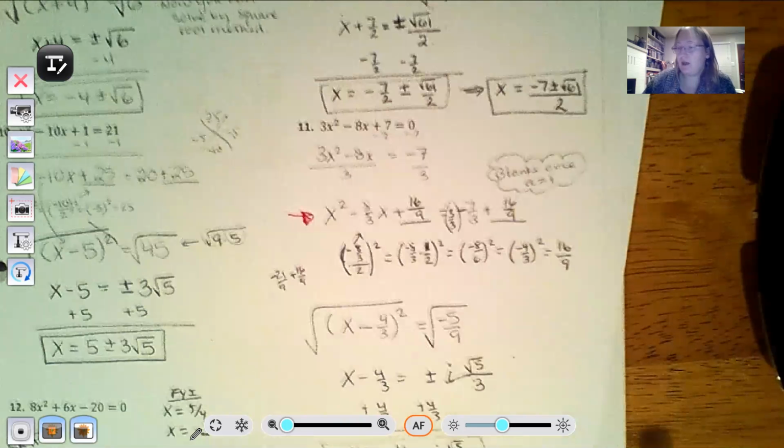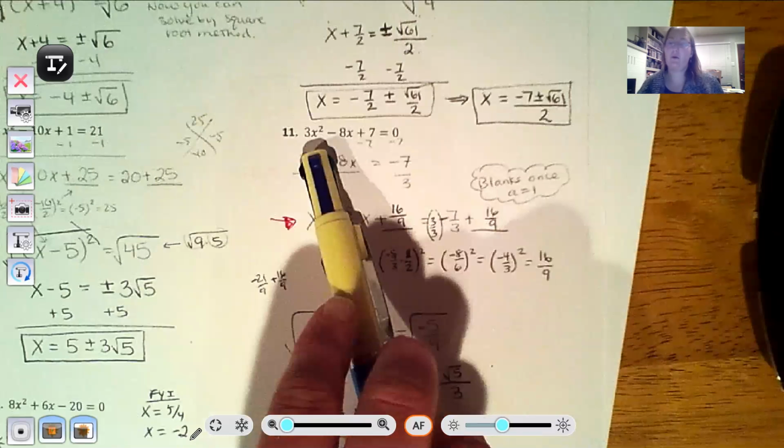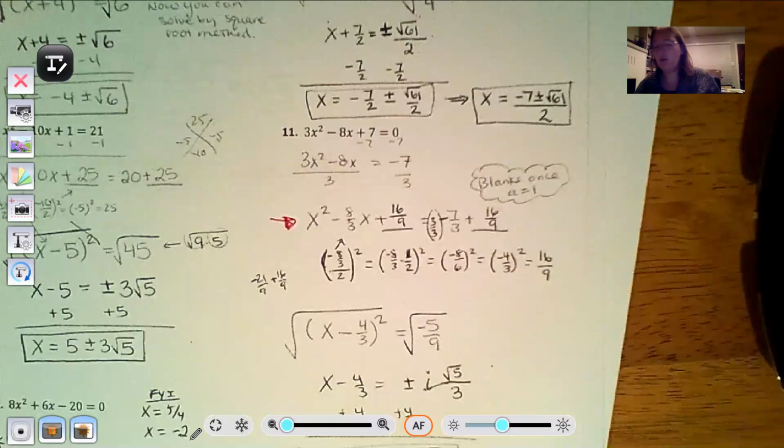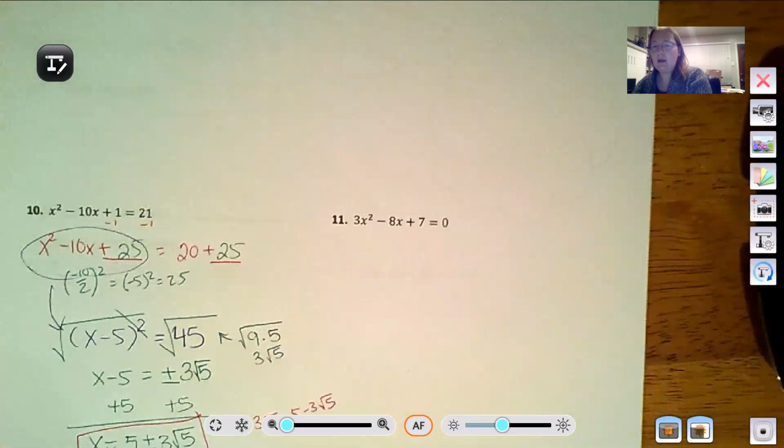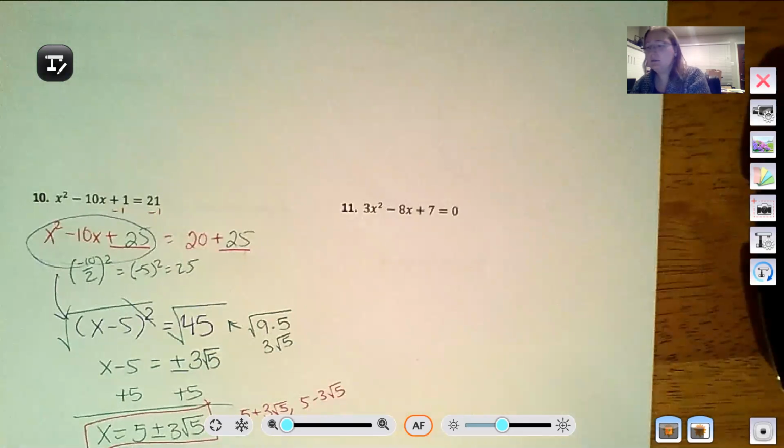And that case of A not being 1 is definitely more challenging. There's examples in your textbook, and we will not be focusing on that. You'll have a few homework problems to practice it, I believe, although I may have gotten rid of them.